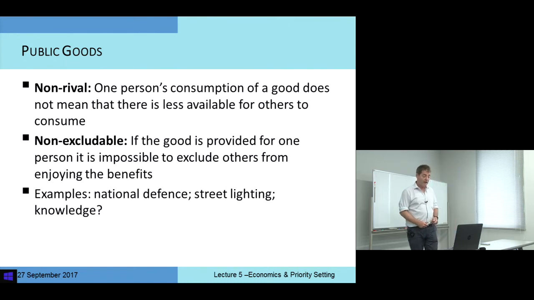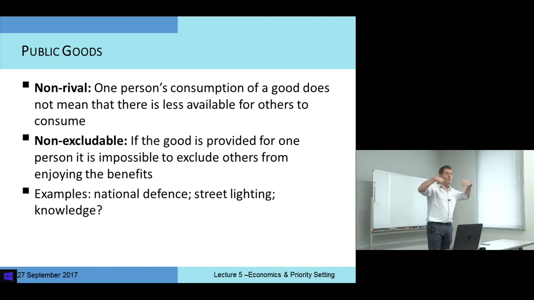Examples of non-rival, non-excludable. A traditional one is national defence. My government invests in national defence. They can't choose your enemy. They can't tell Germany, they can't tell North Korea, they can't tell Russia, they can't tell the United States. John Cairns is not protected, by the way. Yes, we're going to defend the country, but we're not going to defend him.